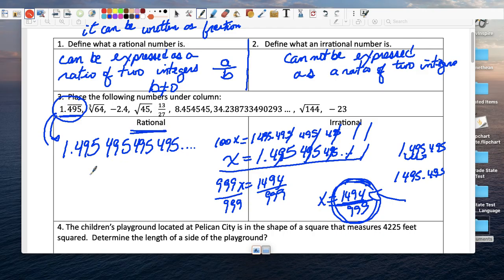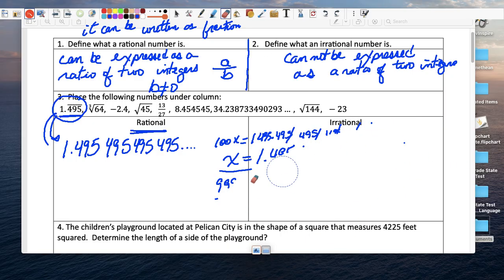Anytime I can take a number and represent it as a ratio of two integers, as a fraction, then it's a rational number. A fraction is a relationship between two integers. Okay, so 1.495 is a rational number.